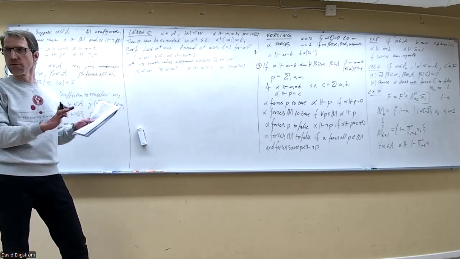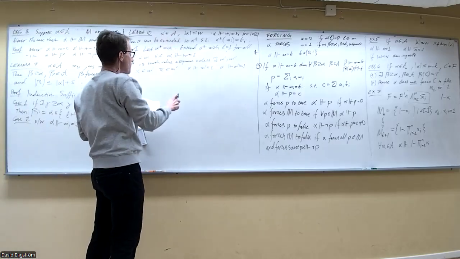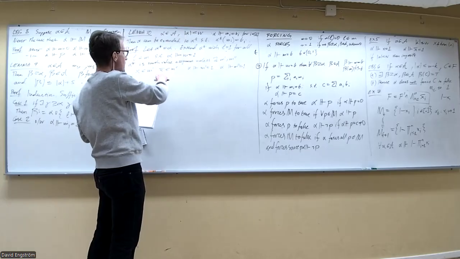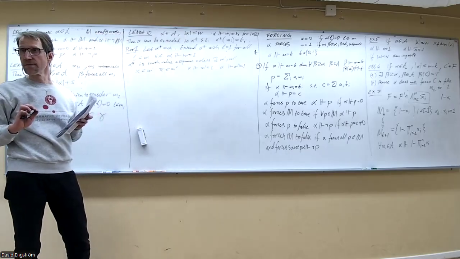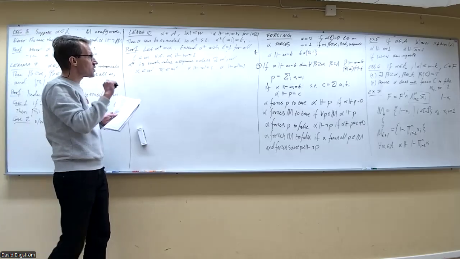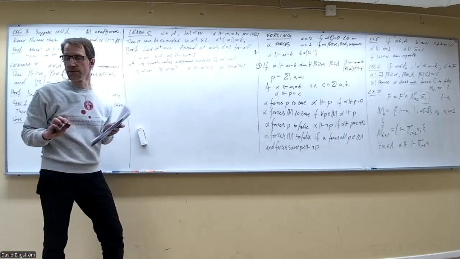Okay, but this is impossible because alpha is small enough that we can actually extend to a beta that assigns a value to x. And that beta will zero out either M prime or M double prime.